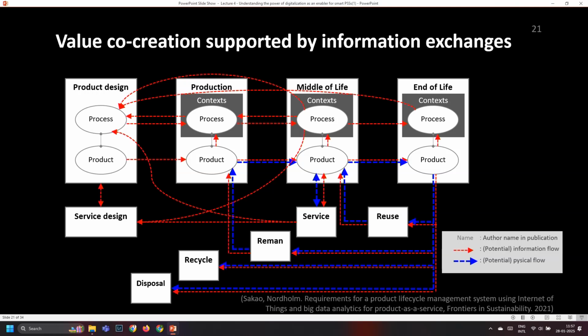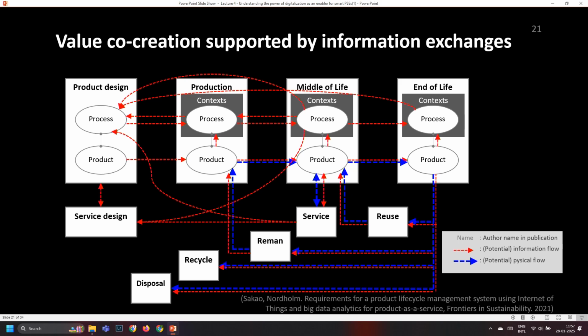So, talking about the different lifecycle phases, where products and components and parts are circulated from the middle of use or end of life to the upstream of the value chain.